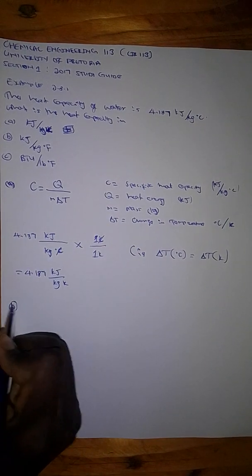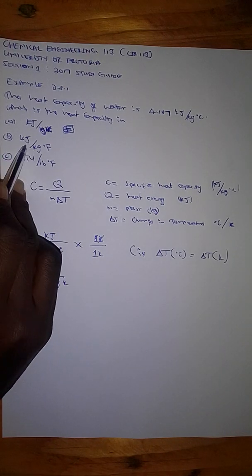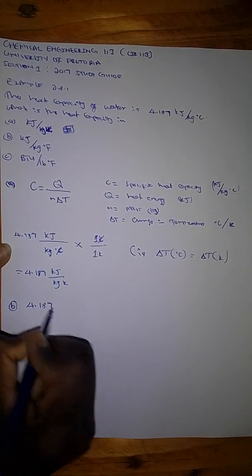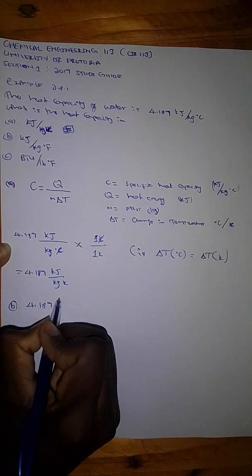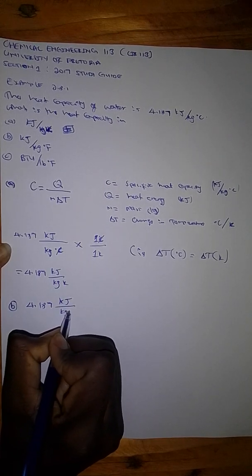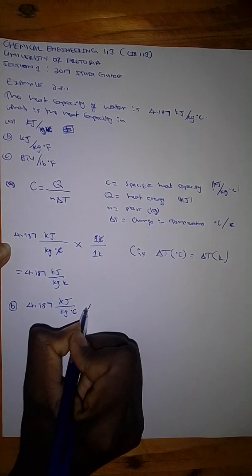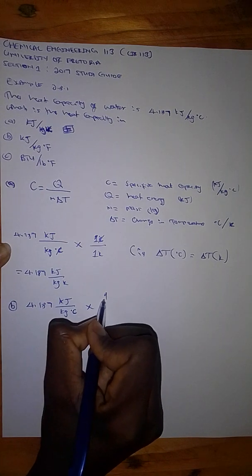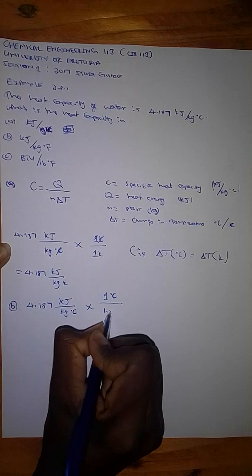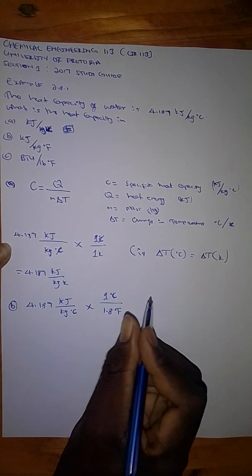Now the B, they say convert kilojoules per kilogram degrees Celsius. So 4.187 kilojoules per kilogram degrees Celsius. Now we multiply by 1 degree Celsius over 1.8 degrees Fahrenheit.